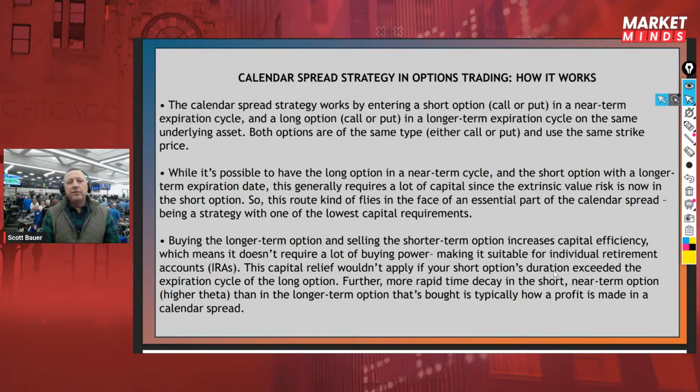Same rules apply in terms of you can buy them or you can sell them. We don't sell them because if we sell them and our long option is further out than the short option, we are going to get hit with massive capital requirements, margin, because your brokerage firm is not going to like that.